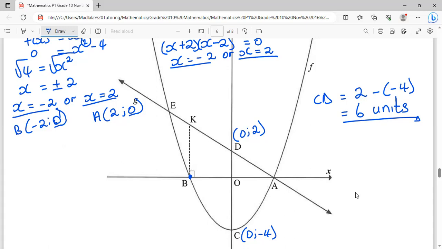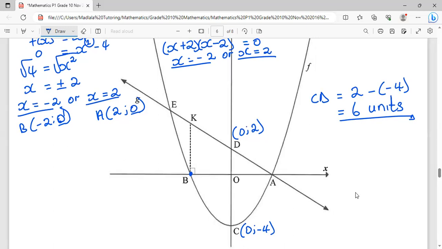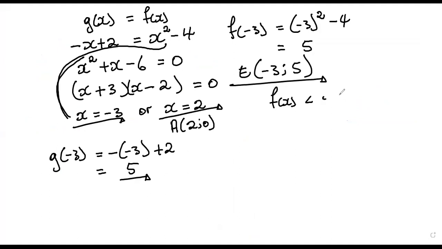So one thing we understand is that at -3, the functions are equal. But anywhere between -3 and +2 there, we can see the function of f is going to be below the function of g. So that's our solution for this one. So for 5.6.1, we are just going to tell them, okay, for f of x to be less than g of x, it's all the values of x that are between +2 and -3 like that.